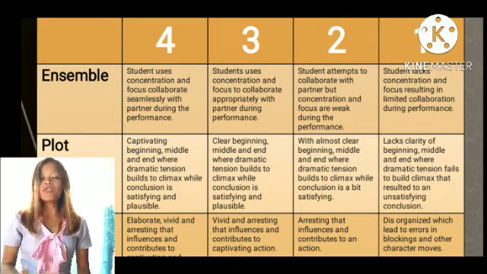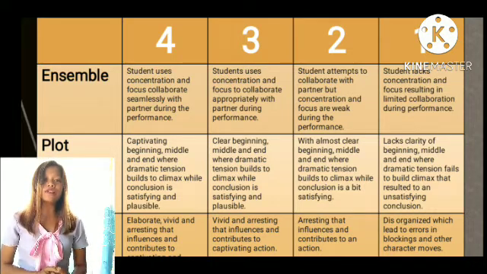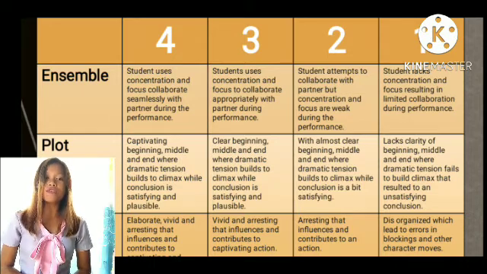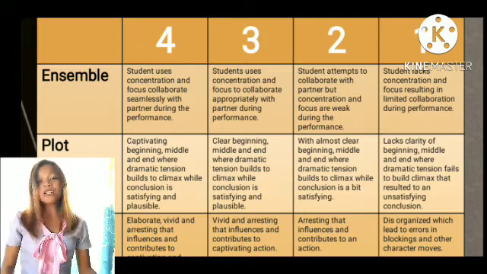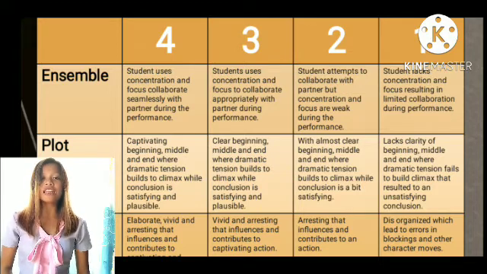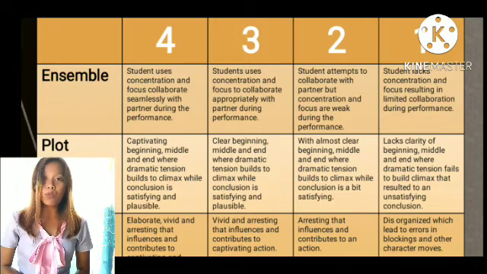If you have an almost clear beginning, middle, and end where dramatic tension builds to climax while the conclusion is a bit satisfying, then I will give you 2. But if it lacks clarity of beginning, middle, and end, where dramatic tension fails to build to climax, resulting in an unsatisfying conclusion, then I will give you 1 point.